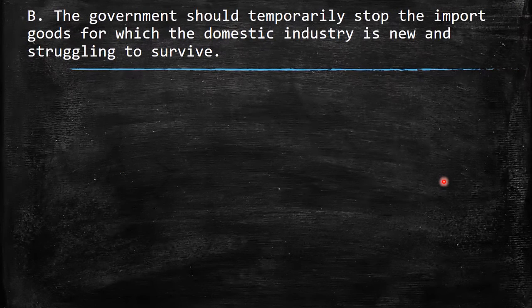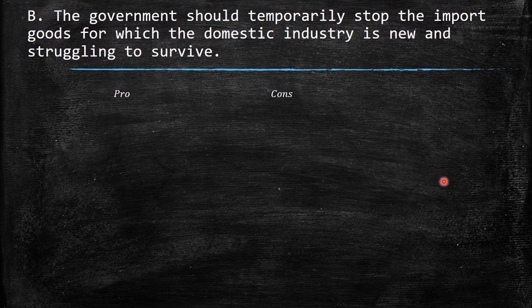The second one says the government should temporarily stop the import goods for which the domestic industry is new and struggling to survive. So you can think about two sides, pros and cons about this policy. As a pro, maybe it could be an incentive to encourage that national industry can grow in some way.